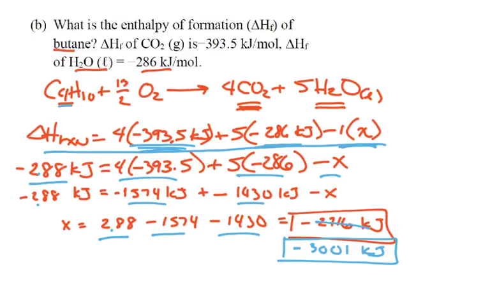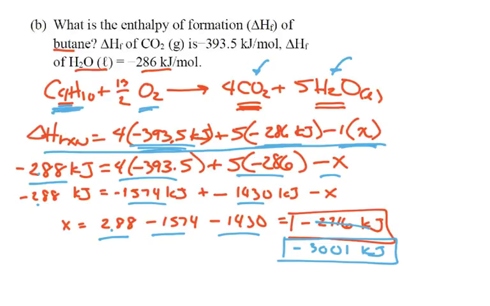Now this is a way we have to do this because if I were to figure out delta H of formations, I can do that for CO2. I can put carbon and oxygen together and measure how much energy is released. I can do that for water, putting hydrogen and oxygen together. Notice we don't do this for oxygen because it's an element, and delta H of formation is the energy it takes to make a substance from its elements, so there's no energy involved.